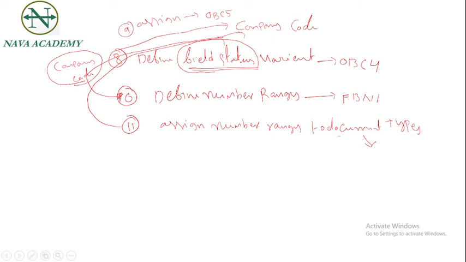And the document types are SA, KR, KZ, KA, DR, DZ, DA. These are assigned number ranges by document type. What is the T code? OBA7.